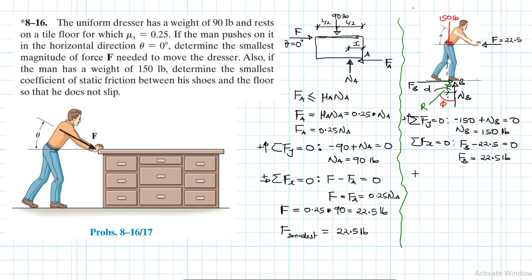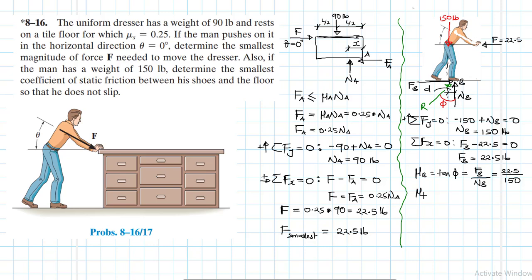So we know that mu B is equal to tan phi, which is equal to FB divided by NB. What is our FB? Our FB is 22.5 and our NB is 150.